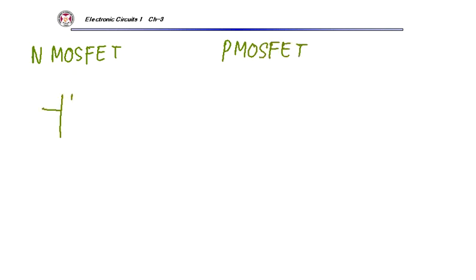Okay. So circuit notation is N-channel MOSFET, P-channel MOSFET. Say I can represent it like that. Yeah, this is N-channel MOSFET.